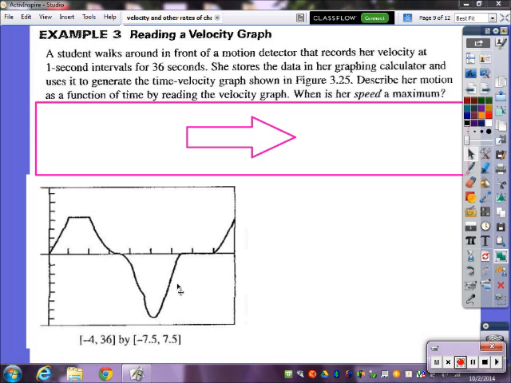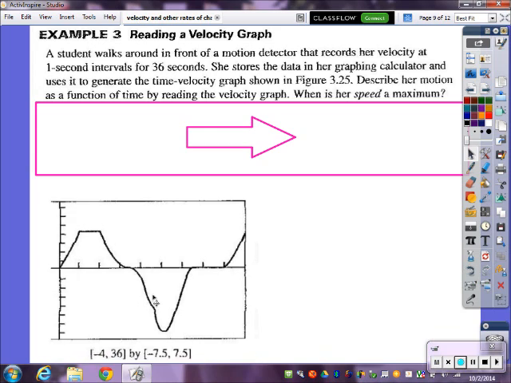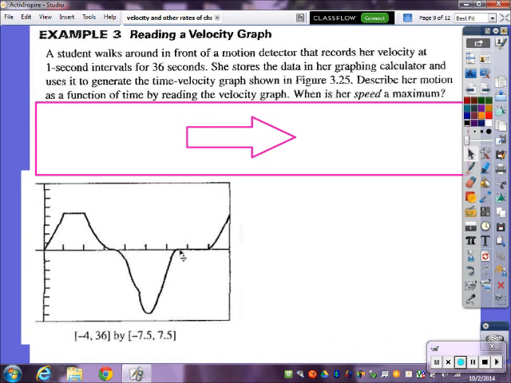So for the next 13 seconds or so, she's traveling back towards the motion detector, and then she stops for several seconds, and then it becomes positive again. So that means she's moving back away from the motion detector.